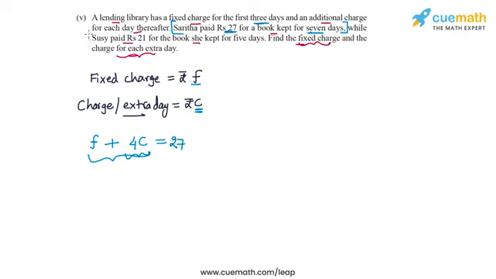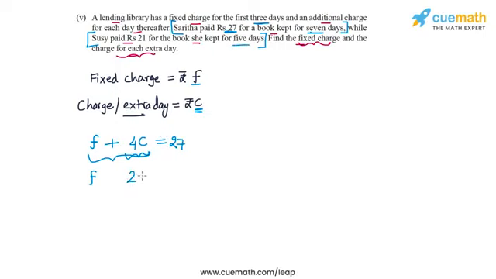Now the second piece of information given to us is that Susie paid 21 rupees for a book she kept for 5 days. So for 5 days, Susie would have paid a fixed charge of rupees F, and now she kept the book for 2 extra days. So beyond the first 3 days, she kept it for another 2 days for a total of 5 days.